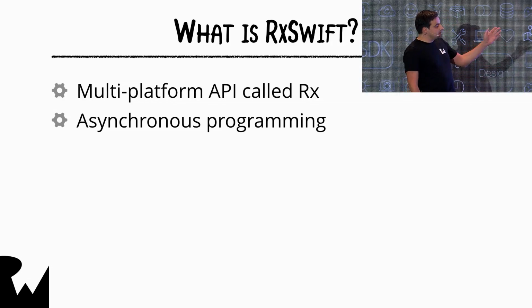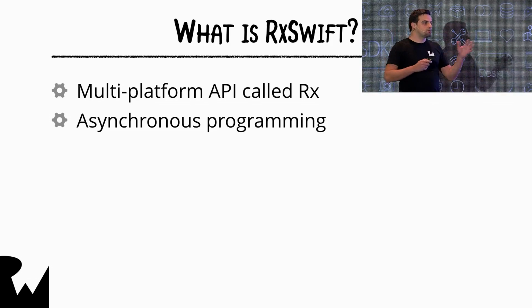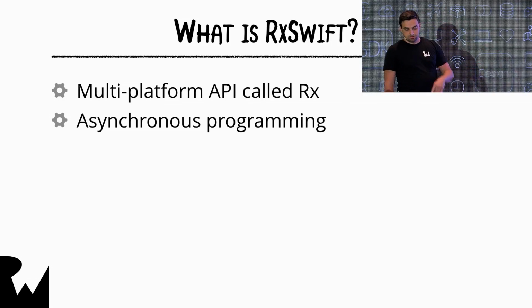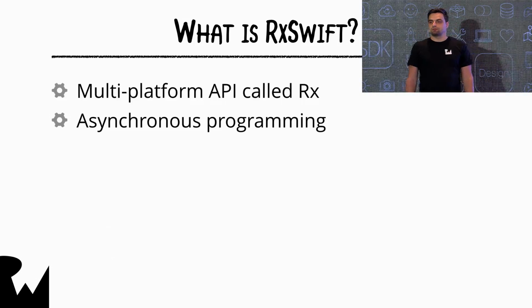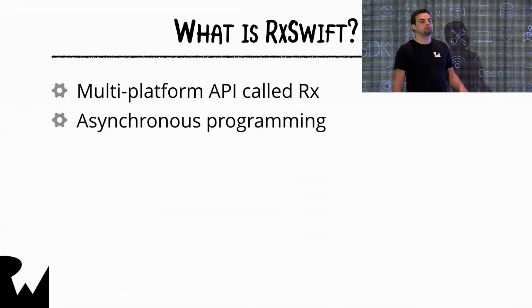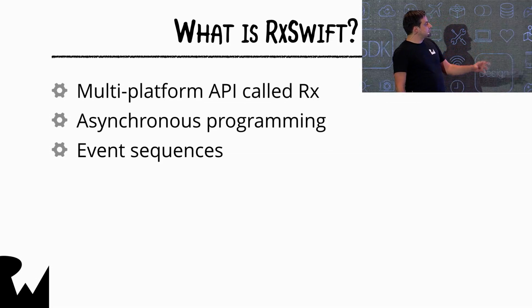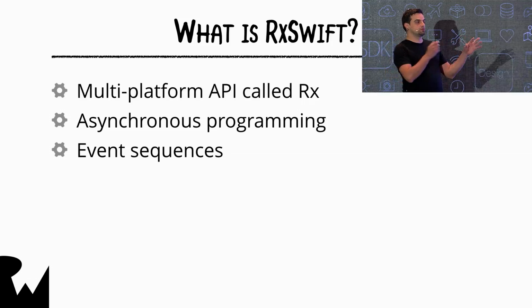Now, it's all about asynchronous programming. There's a lot to say about Rx and RxSwift, but it boils down to handling asynchronous programming and the complexities of asynchronous programming. Now, we're going to have a good look at what I mean by that when we start putting in code. The interesting thing about it is that it handles asynchronous programming by turning pretty much everything into an event sequence.